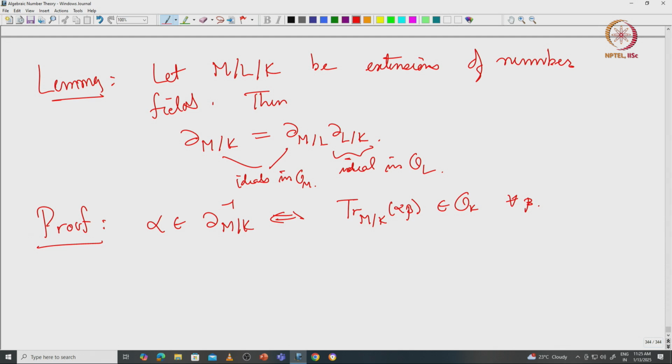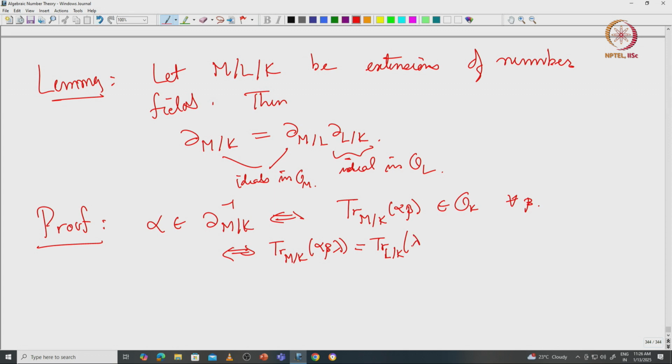But this is the same as saying that the trace from M to K of alpha beta lambda is equal to the trace from L to K of something that I have already taken the trace of.